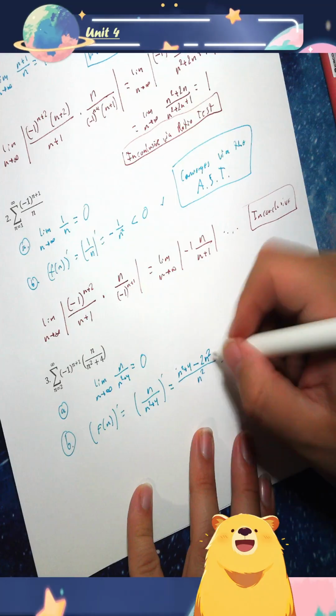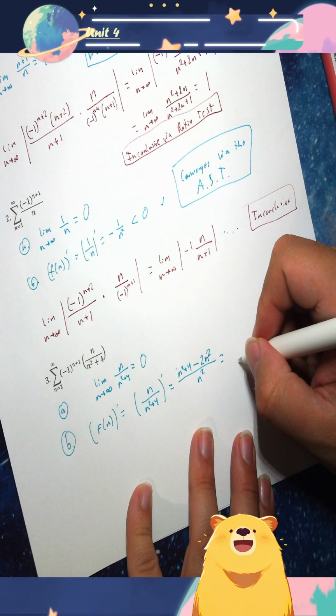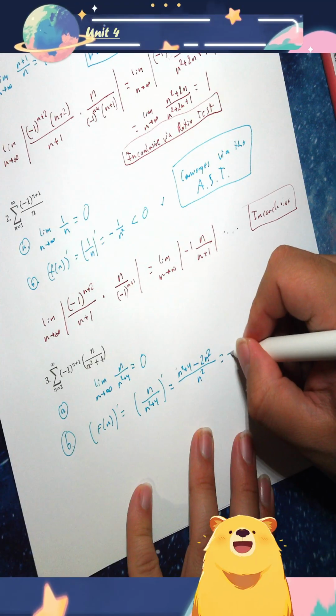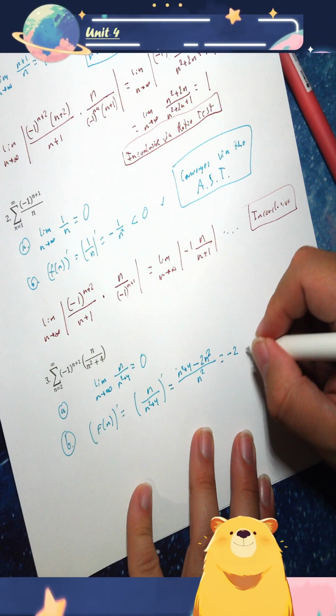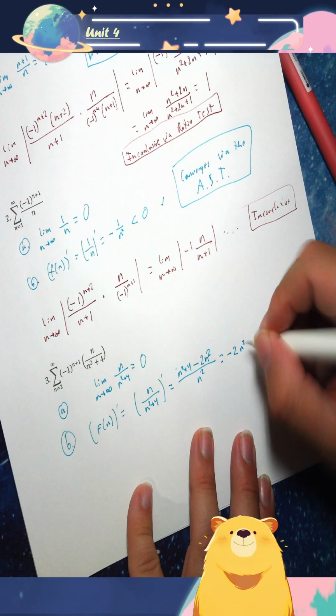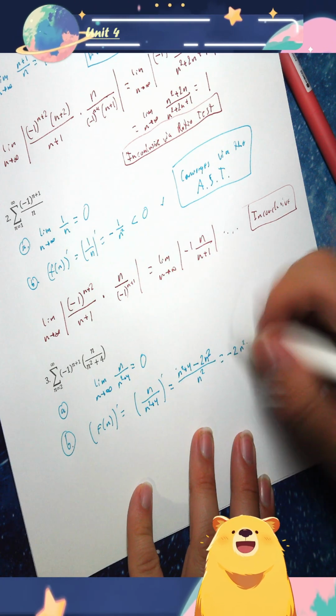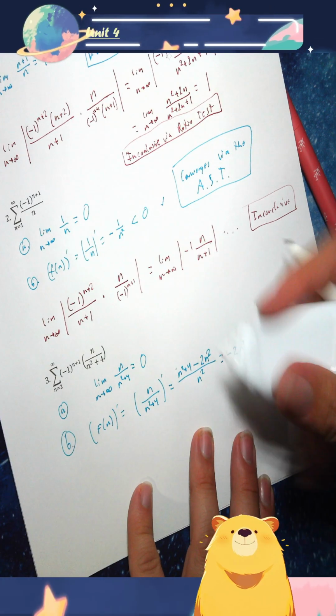And you'll see here that we can simplify this to be, no wait, sorry, not negative 2, it's going to be negative n squared.